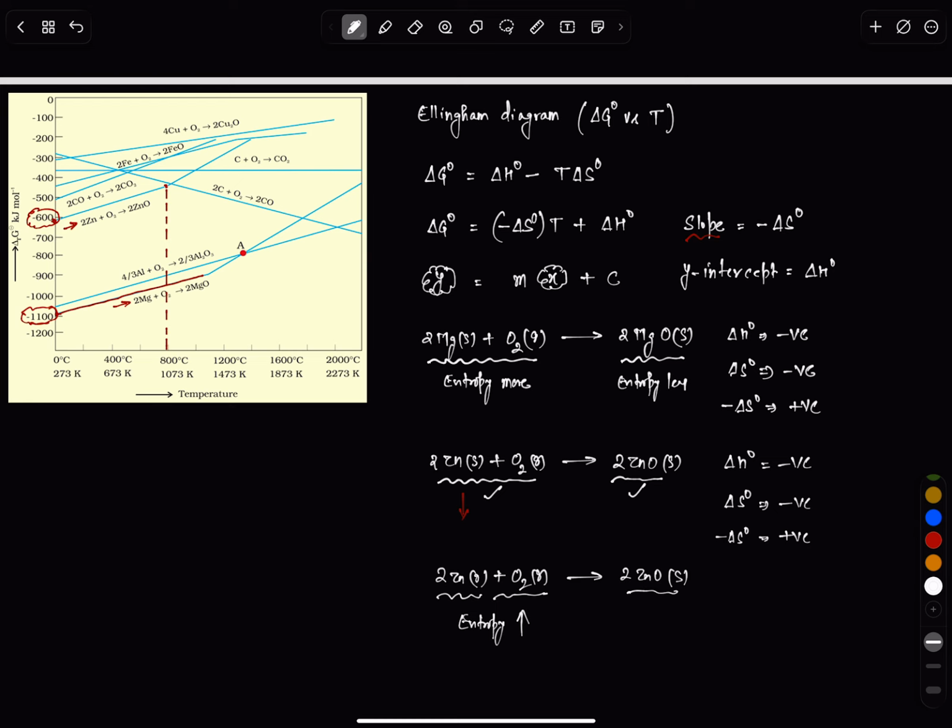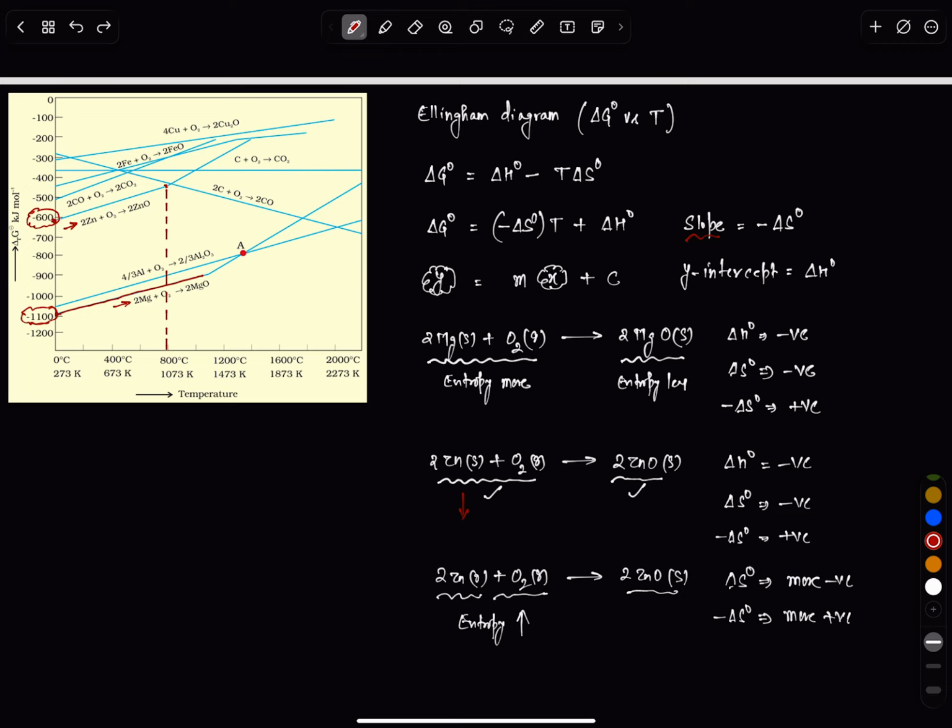The product side entropy will be same. So here the change in entropy will become more negative, right? And if it becomes more negative, that means minus delta S naught will become more positive. And if it is becoming more positive, that means the slope will increase, right? So I hope you understood that if the slope is changing, that means the phase of one of the reactants is changing at that particular point.